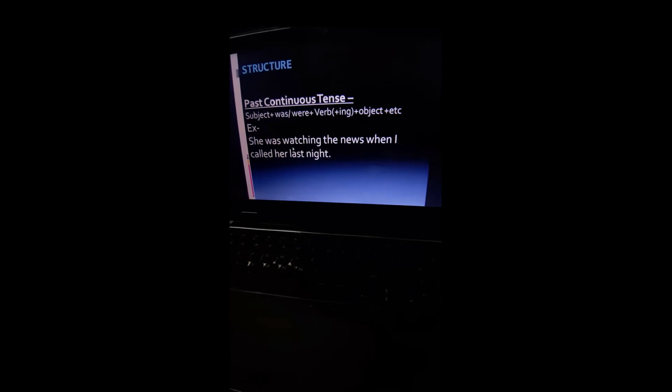With the main verb we add ing because it's continuous tense, plus object plus etc. The example is, she was watching the news when I called her last night. So the event took place in the past, in continuous form, right? She was watching the news when I called her last night.